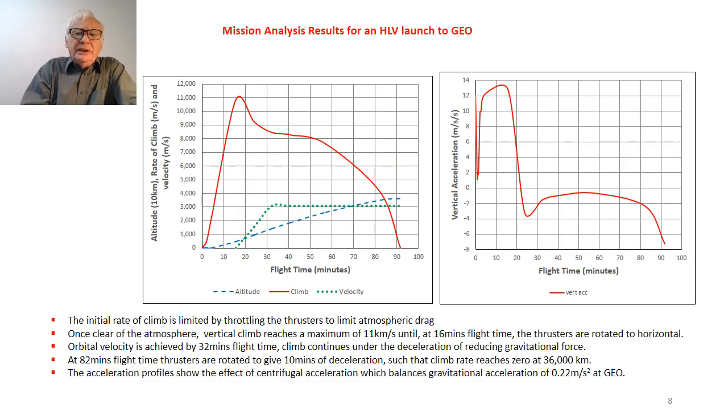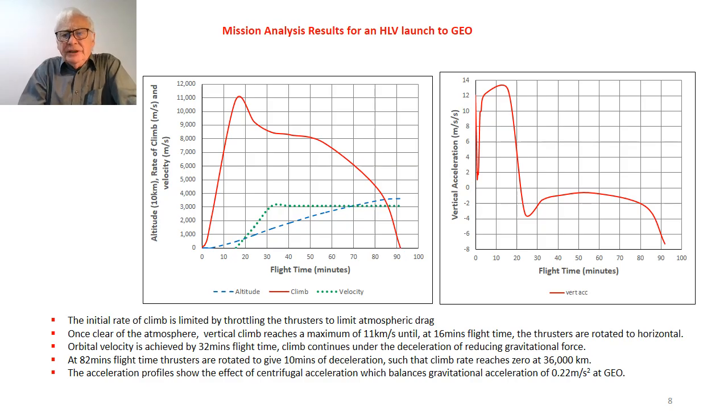If you look at the acceleration profile on the right-hand plot, you can see this very low acceleration level initially as the thrusters are throttled back.